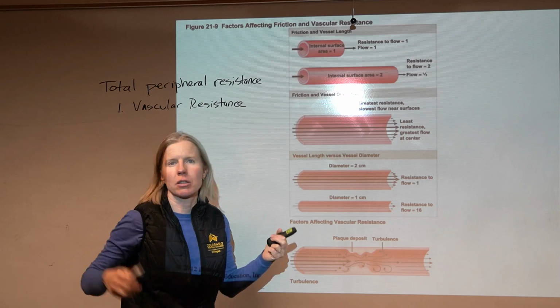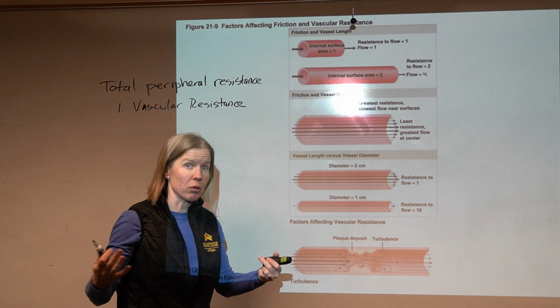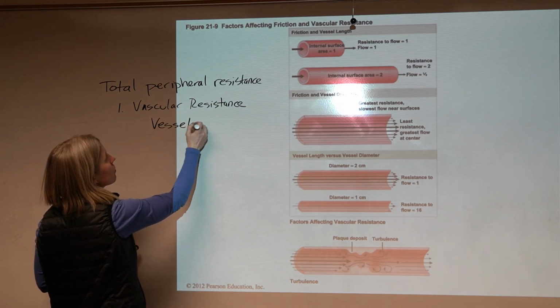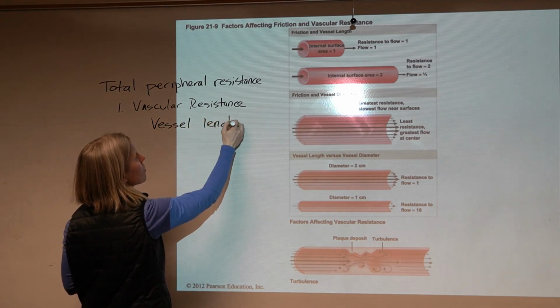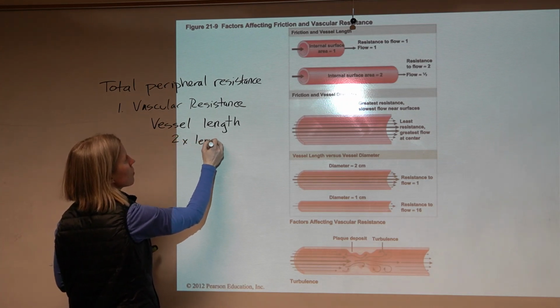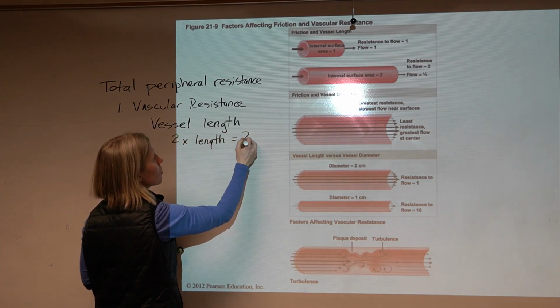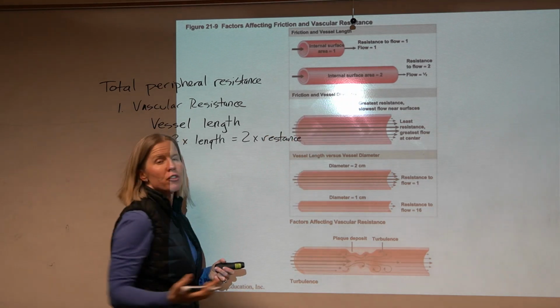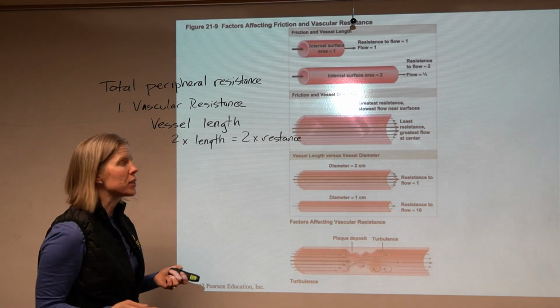You increase the resistance. If you double the length, you double the resistance. And it's just a linear relationship there. Twice as long, twice as much resistance.